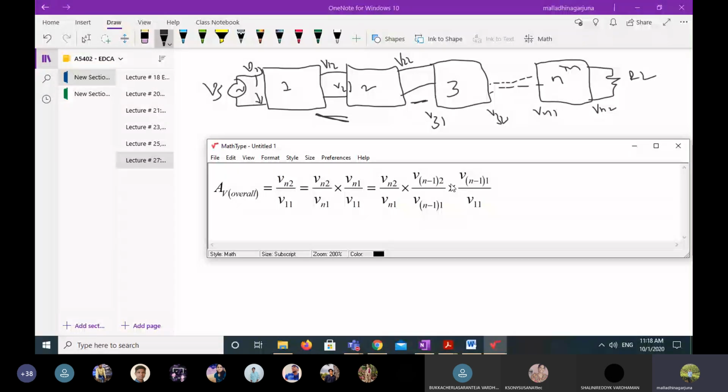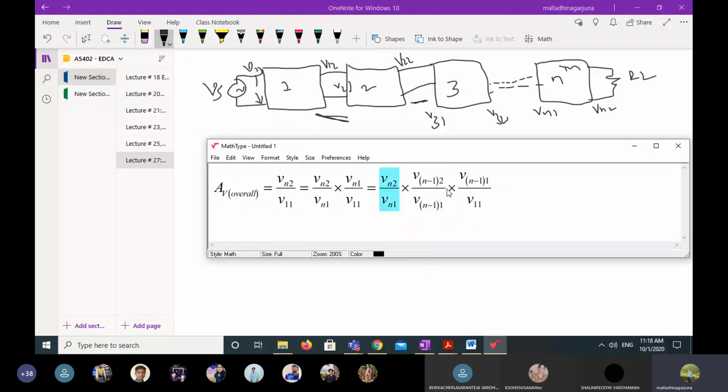What is this? The output of the n minus 1th stage by the input of the n minus 1 stage. So this is also the gain of the n minus 1 stage alone. This is the gain of the nth stage alone.